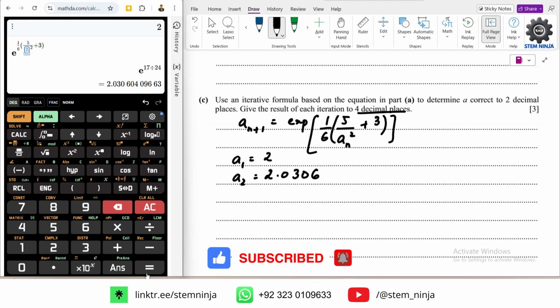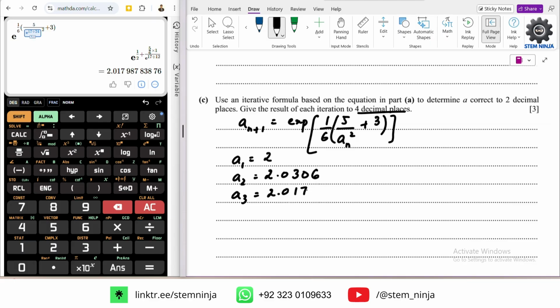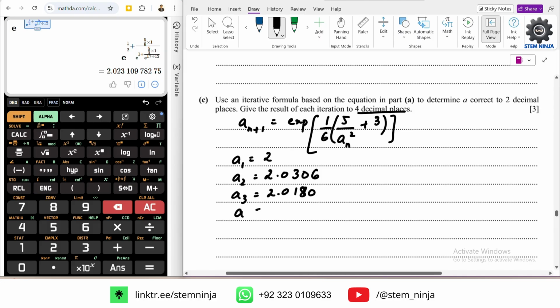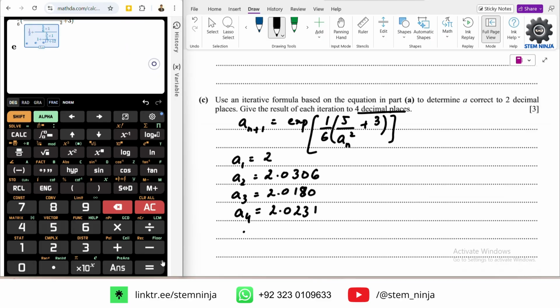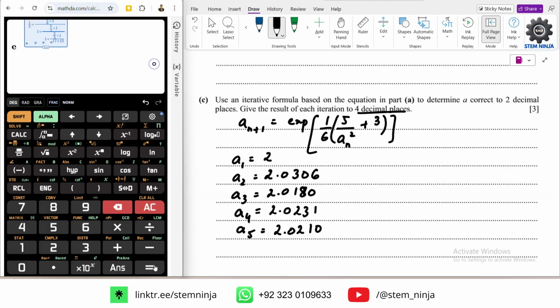Then we continue: 2.0179, so 2.0180 let's say. Then 2.0231, then 2.0210, and I think it is up to 2 decimal places.